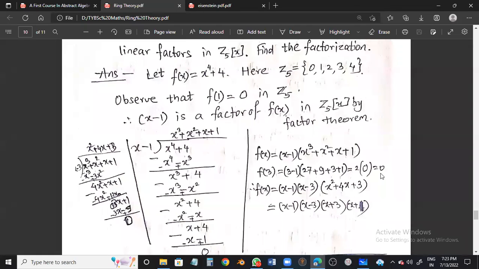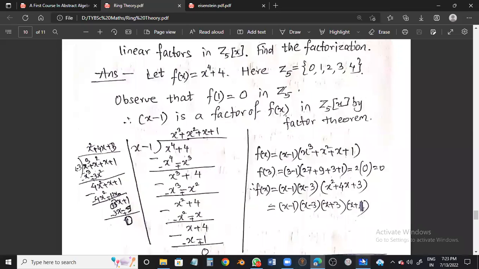So am I wrong anywhere here? Please check the correctness of whatever I did. You have this document with you. So are my factors correctly written? Please check it. So I started with x equal to 3 and I got a 0.